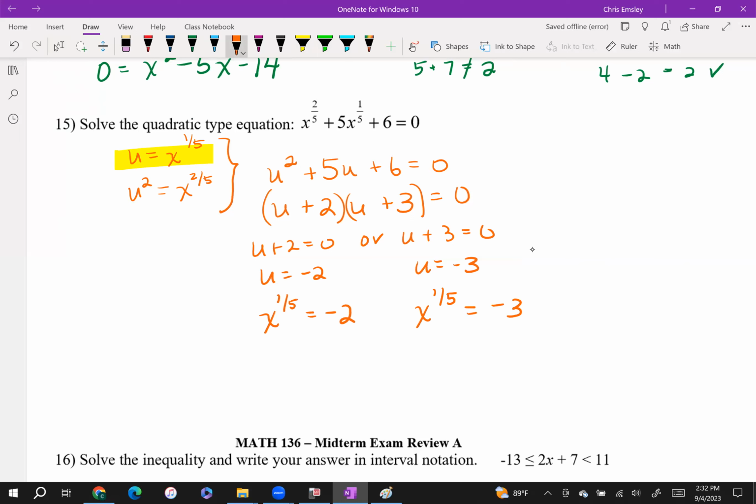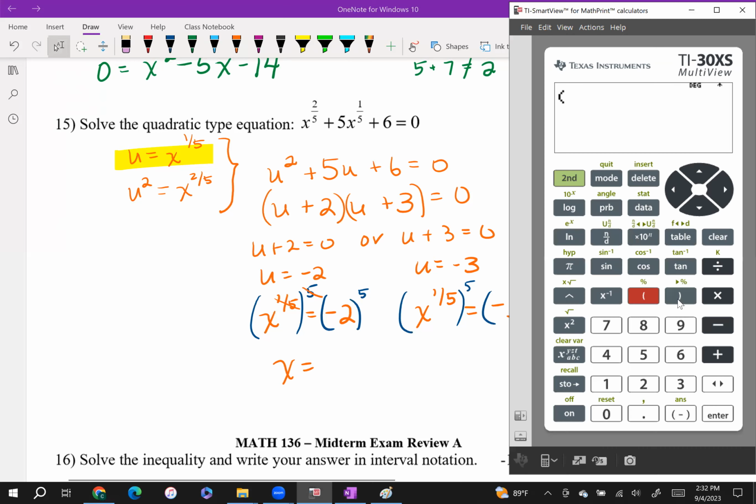Now, that's not quite solved for x. One little step here, we need to remember that to get rid of that 1/5 exponent, we would raise both sides to the reciprocal power. So the reciprocal of 1/5 is 5. X to the 1/5 to the 5th, those get multiplied together, so they cancel each other out. And -2 to the 5th, I don't know that one off the top of my head.